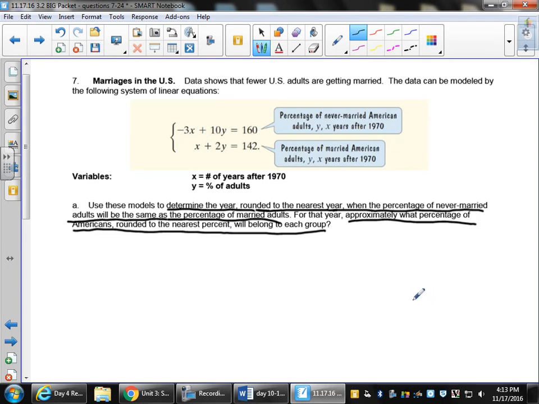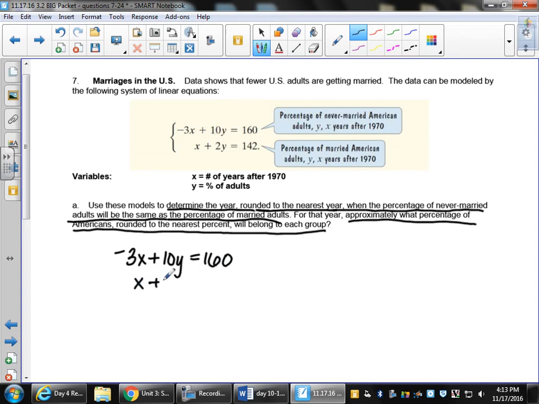Solving this system will find me where these two lines intersect. If I were to graph them, where they intersect is the answer to this question. So to find that point, we will solve the system. Like I said, we already have our system, so we're going to bring it down. Negative 3x plus 10y equals 160.